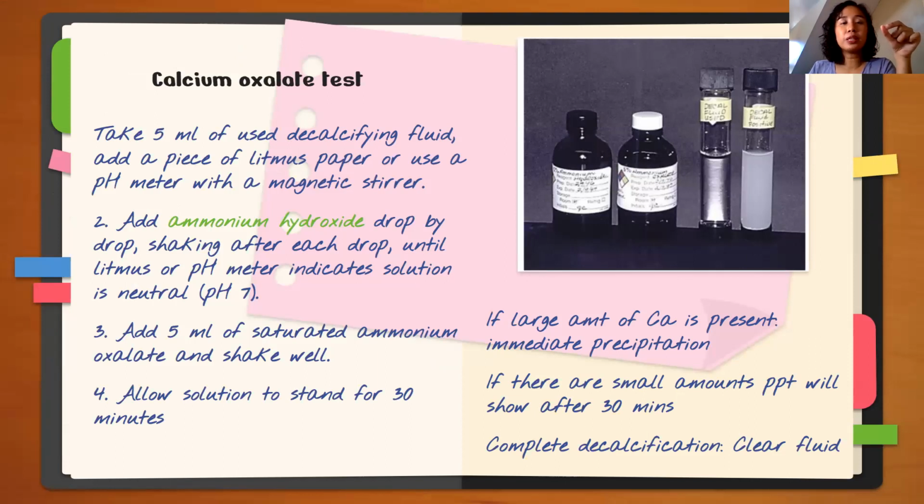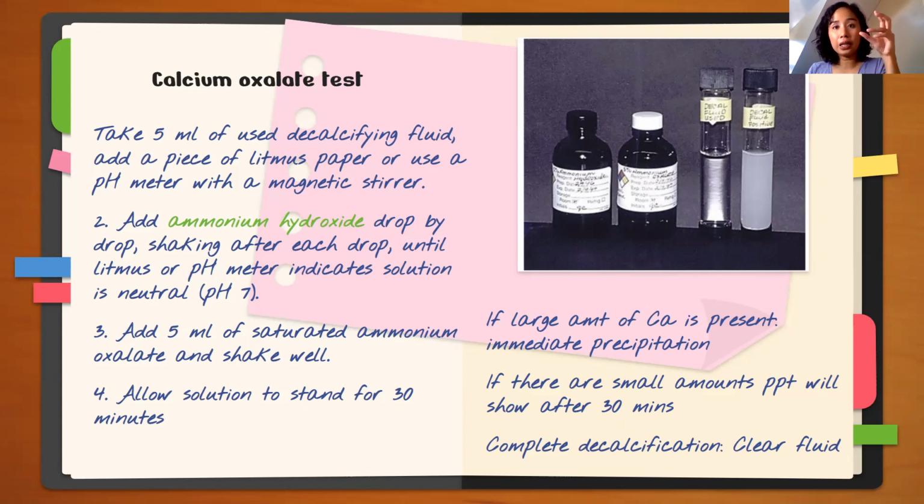Add a piece of litmus paper or use a pH meter with a magnetic stirrer. Then add ammonium hydroxide drop by drop until the pH reaches neutral, pH 7. Then add saturated ammonium oxalate and shake well.